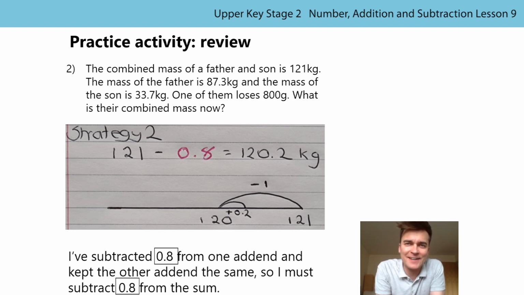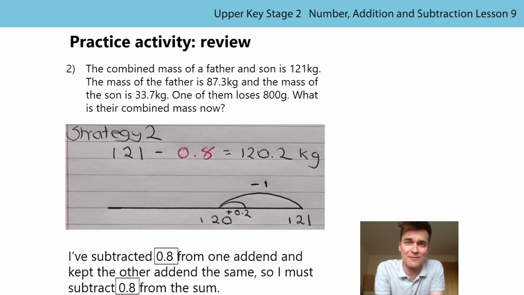Now when I looked back at strategy 1, I noticed there was a lot of writing, a lot of maths, a lot of jottings for that approach. So I had to think about whether or not there might be a more efficient way to work, perhaps a slightly smarter or quicker way. Strategy 2 shows you my thinking there.